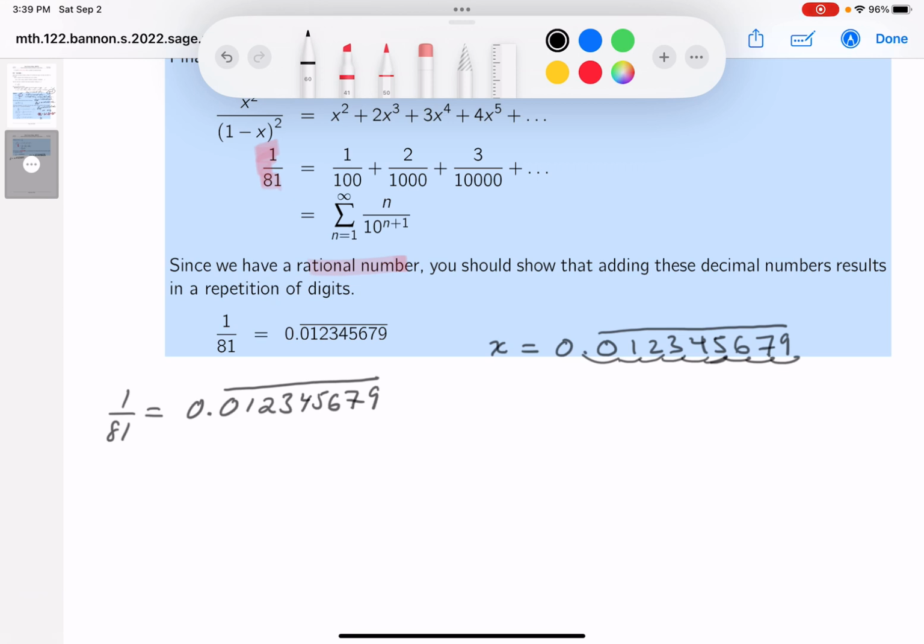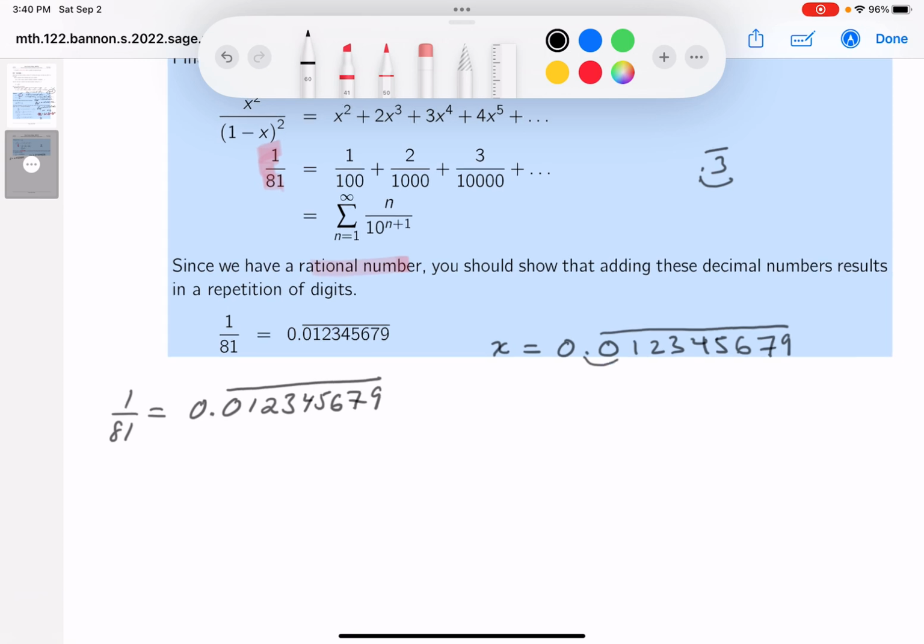So let me just go backwards a little bit. And let me point out, we did the 0.3, that was pretty easy. I multiplied by 10, one place, right? 10 to the 1. So 10 to the 1, 10 to the 2, 10 to the 3, 10 to the 4, 10 to the 5, 10 to the 6, 10 to the 7, 10 to the 8, 10 to the 9. So I can multiply both sides by 10 to the 9.